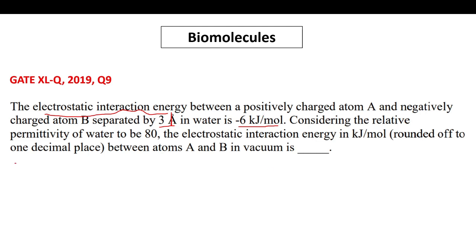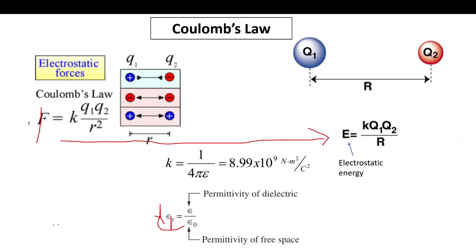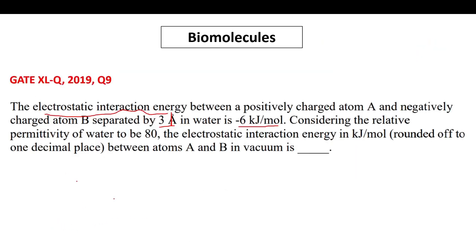The relative permittivity epsilon r of water is given as 80. What they want us to find is the electrostatic interaction energy in kilojoule per mole in vacuum.